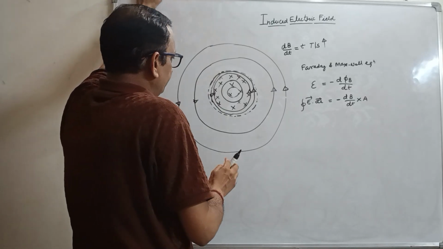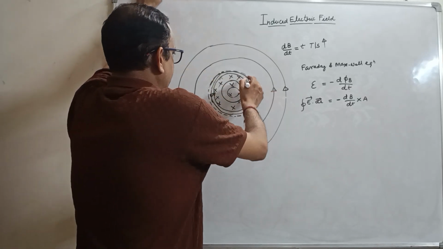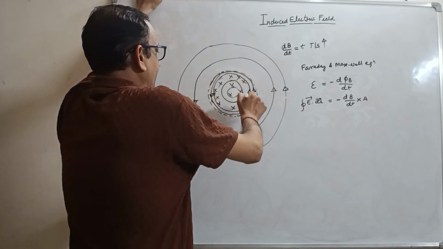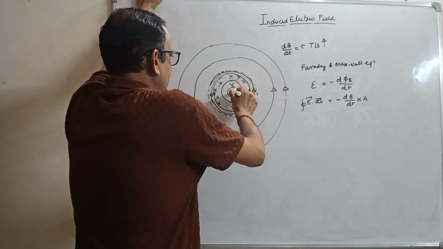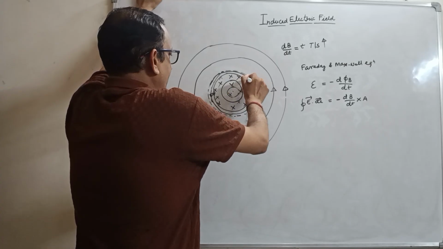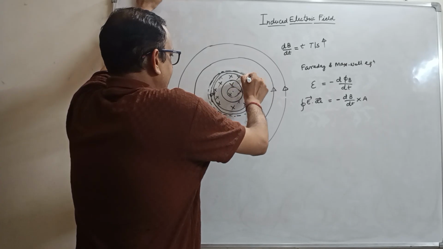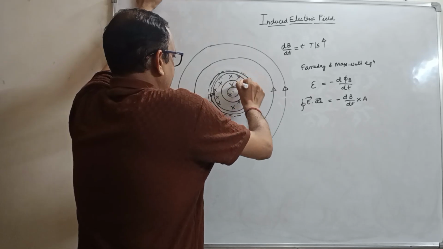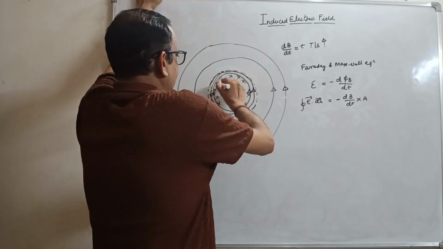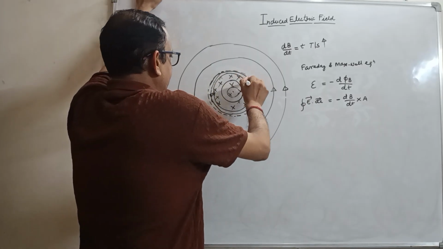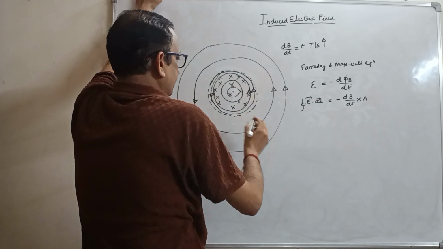So we can see here inside the magnetic field region, on moving towards its circumference, the induced electric field lines' intensity increases.